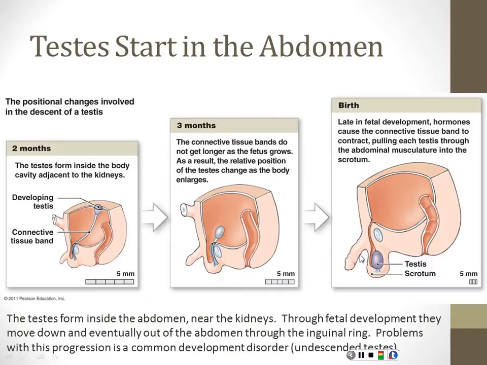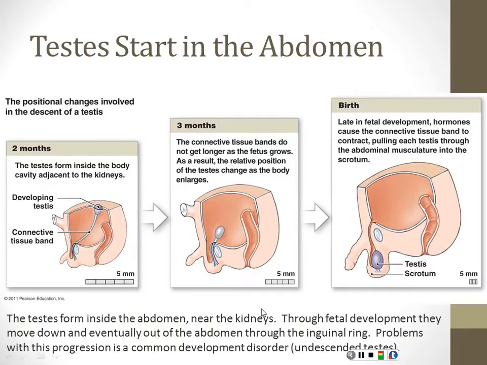And what that looks like is you've got a newborn baby boy, and one or both testes are not in the scrotum. So one of the things that the pediatrician or the family practitioner does as part of that newborn physical examination is to make sure that both testes are in fact in the scrotum, because it's very, very common for one or the other not to be.